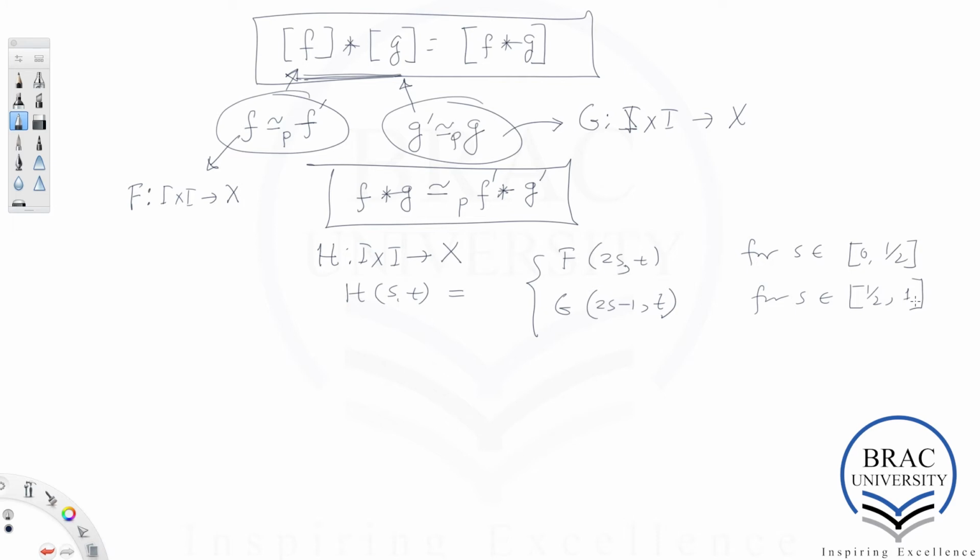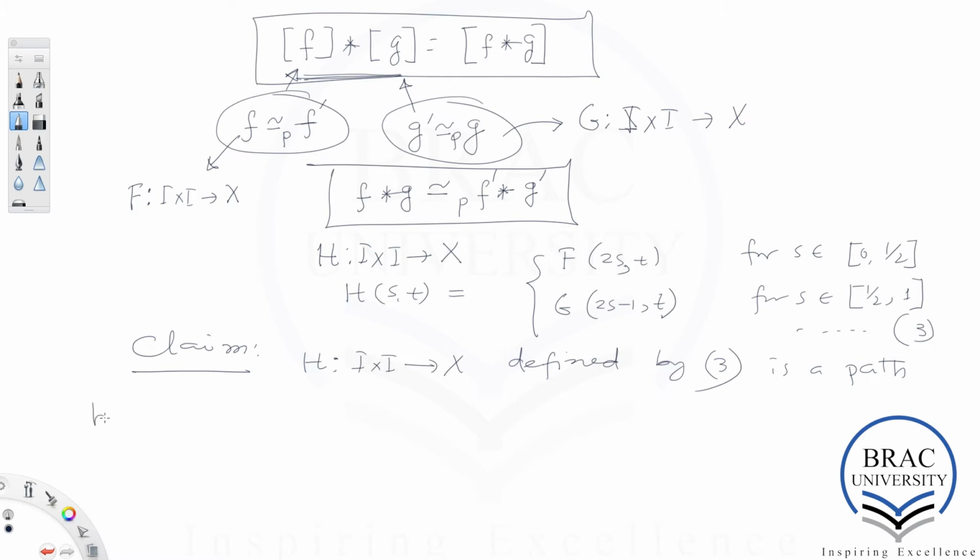So now the claim is that H from I cross I to X, we number this equation by 3, defined by 3, is a path homotopy between f star g and f prime star g prime. Okay, so this is the claim.